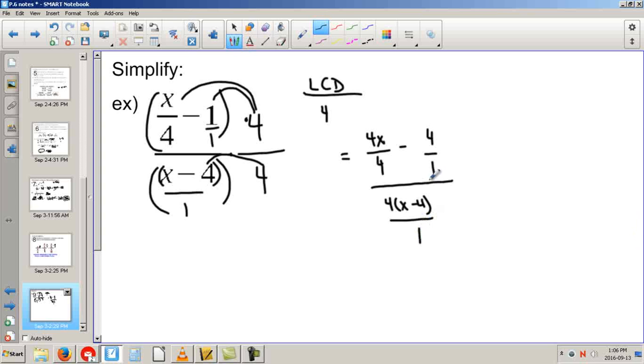Okay? And you might say, that's weird. Why did we do that? Here's why. Right here was the payoff. What's 4x divided by 4? That's x. Minus, what's 4 over 1? Well, that's 4. Okay? Divided by, I have 4 times x minus 4.